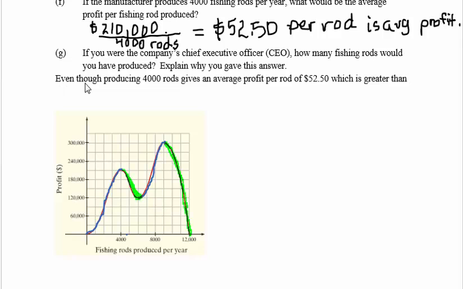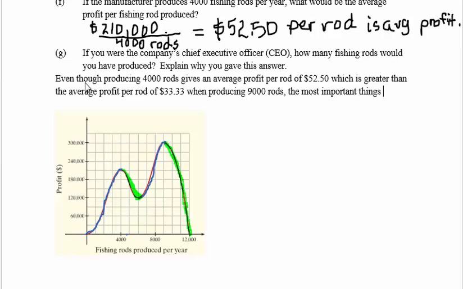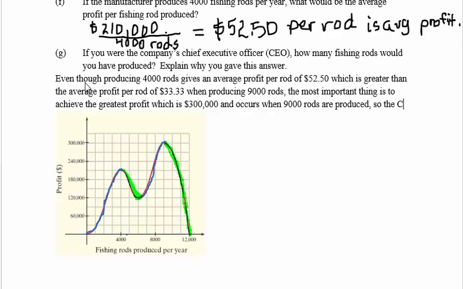So even though producing 4,000 rods gives an average profit per rod of $52.50, which is greater than the average profit per rod of $33.33 when producing 9,000 rods, the most important thing is to achieve the greatest profit, which is $300,000, and occurs when 9,000 rods are produced.